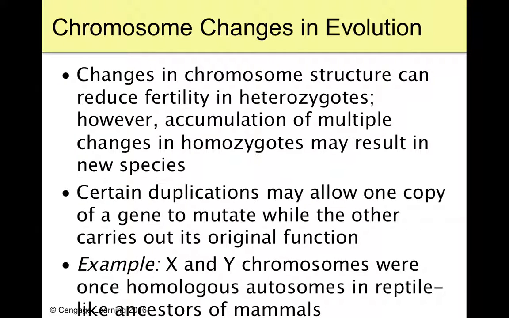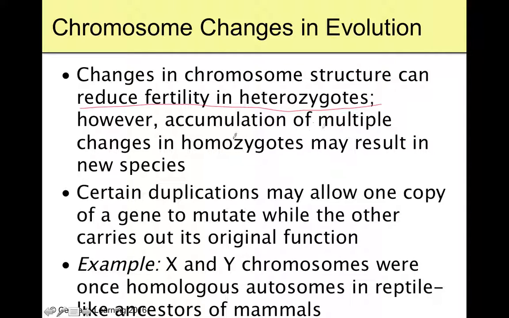So that's translocation. So, chromosome change is supposed to be one of these things that's kind of driving evolution, and I don't know. I think it's mostly a bad thing, but I'll let you be the judge. Change in the chromosome structure can reduce fertility in your heterozygotes, so less likely to produce offspring.